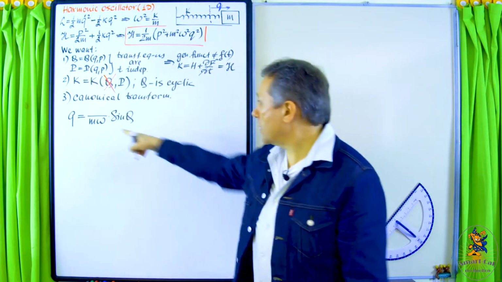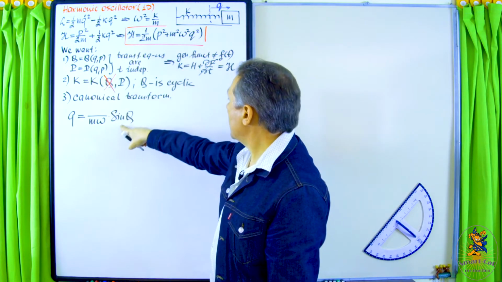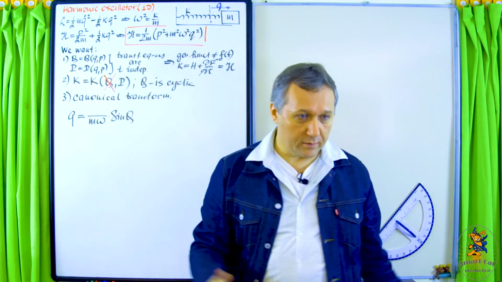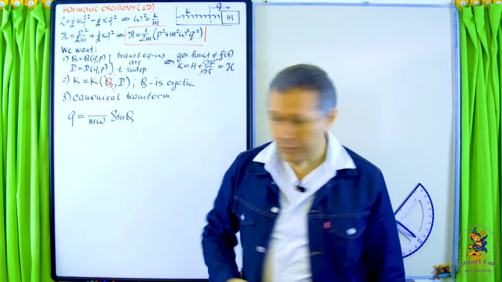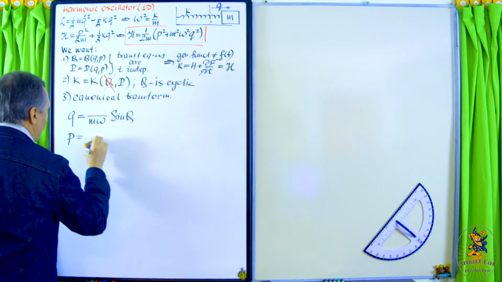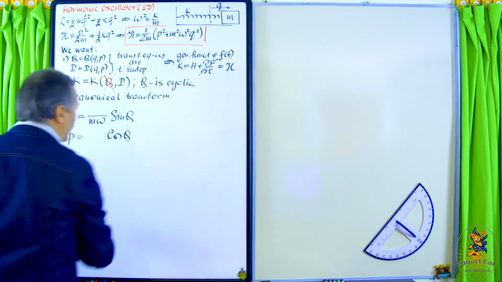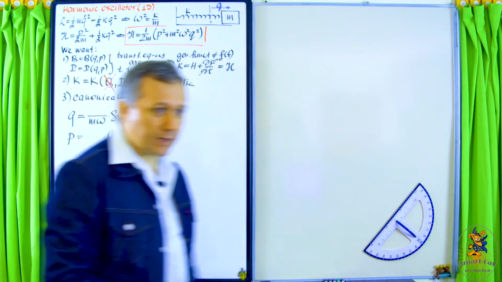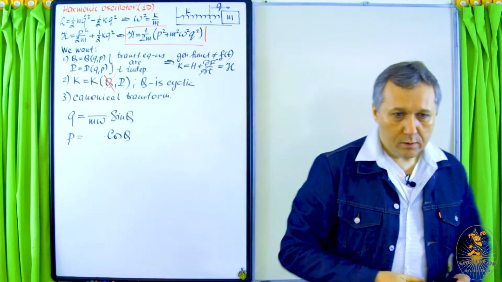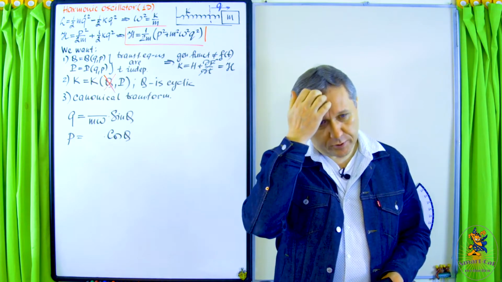Now you see, if I plug this over there, this factor disappears, and I will have sine squared. That's what we want. And of course, P will be, again leaving some space in front, cosine Q. So that's the first candidate for our transformation equations.